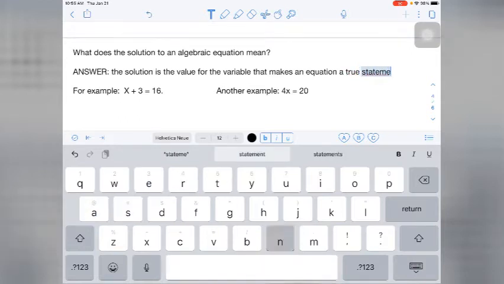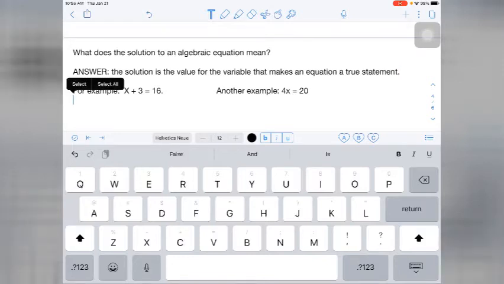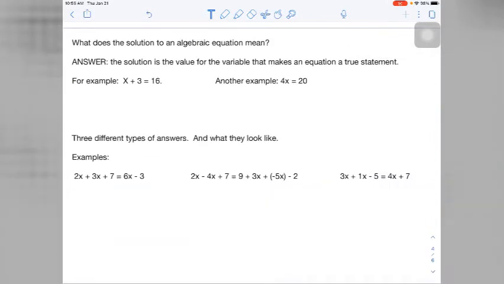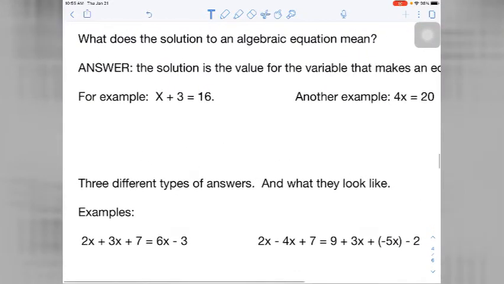So that may seem a little bit confusing, but for example, if I look at this equation right here, x plus 3 equals 16, because I know that x is a variable, and we often say that variables can be any number. What if I said that x was equal to 1?